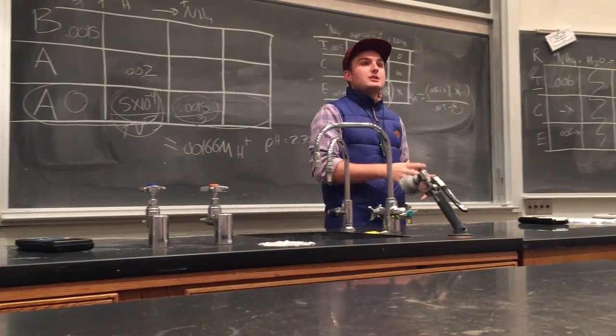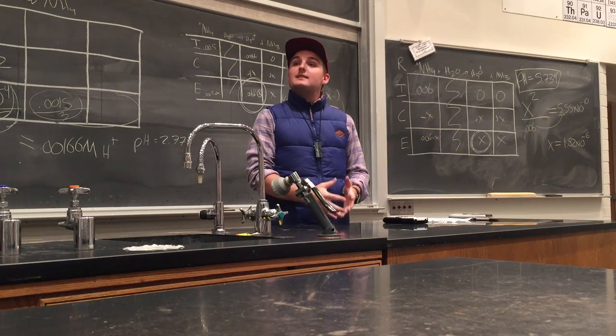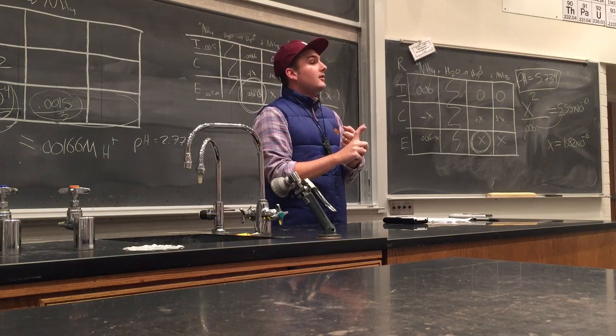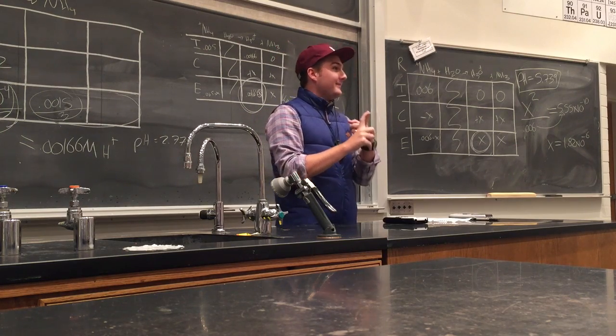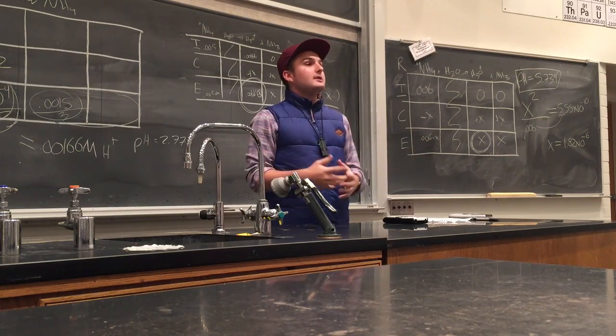It follows that situation every time, and be confident and take it slow. Don't make the simple mistakes. Biggest mistakes are not switching back out of moles, right? And not getting it into molarity. Something simple like that, okay?